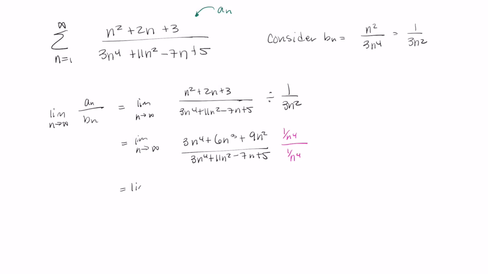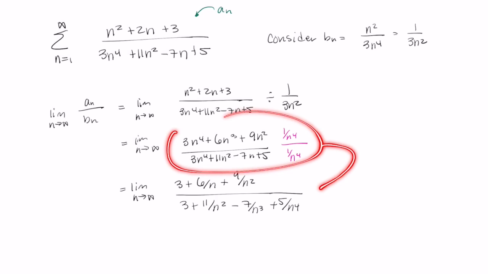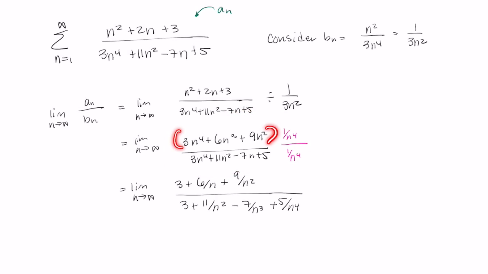This yields the limit as n approaches infinity of the rational expression you see in front of you. And if you don't see how this became this, please pause your video and apply the distributive property on the numerator and apply the distributive property within the denominator as well.